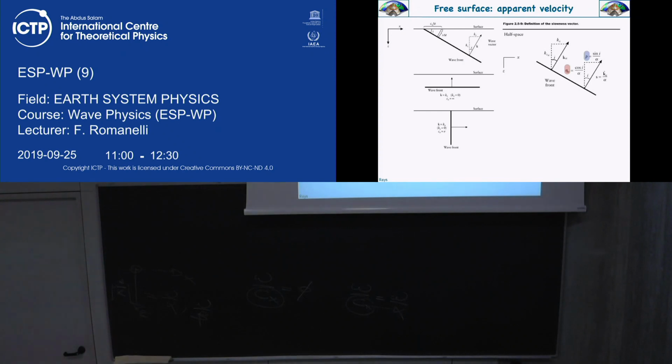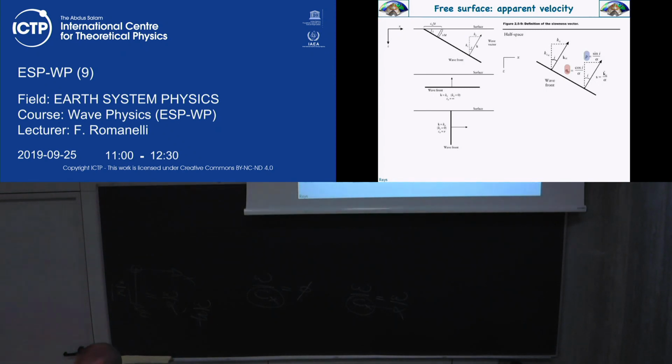Let's give a look to the top right panel, cartoon. Okay, we have a real K now that is going into some direction. It's making an angle I with the normal, but it is also the angle created by the wavefront with the free surface. Okay, it's just exactly this.